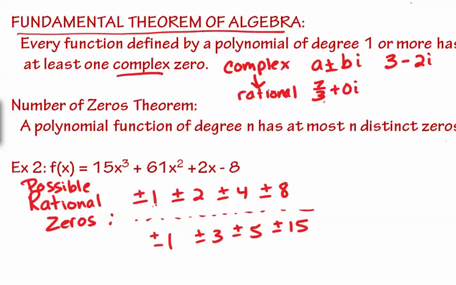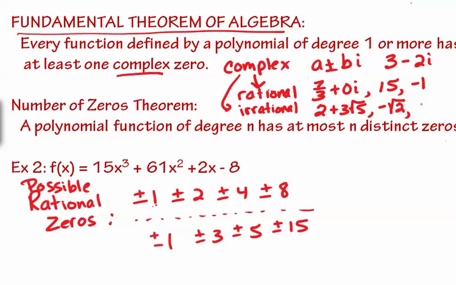So when we get rational numbers, we could get 15 as an answer or -1 as an answer. Those are all rational numbers. Or complex numbers can also be irrational. So we could get answers of the form 2 plus 3 square root of 5, or we could get an answer like the opposite of the square root of 2, or we could get an answer like 7 radical 3.